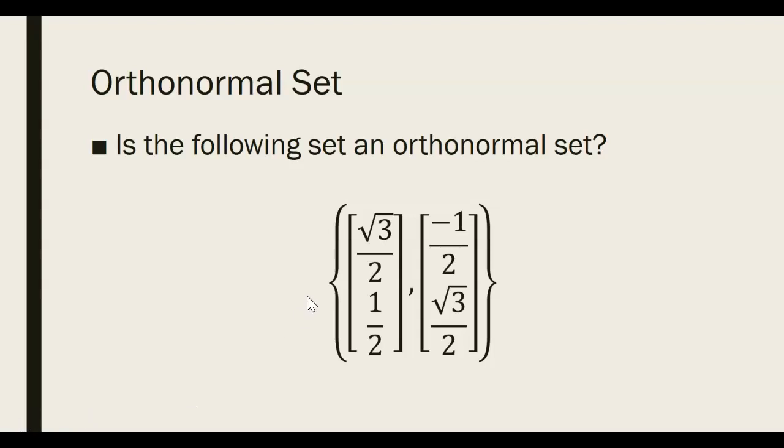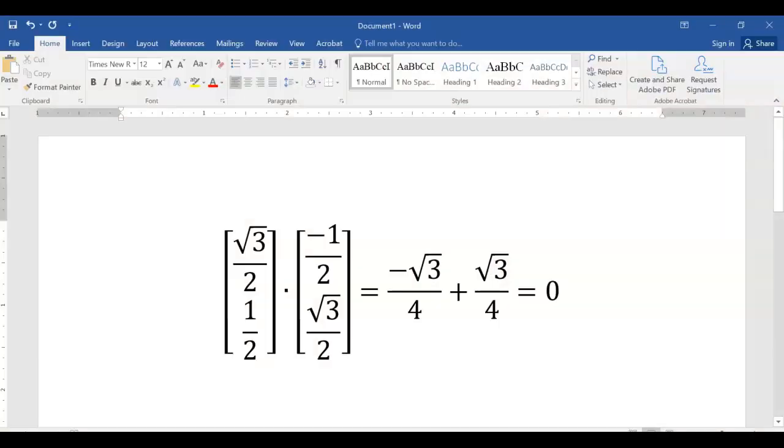All right, so we're looking at the two properties here, orthogonal and normal, meaning each vector has length 1. So let's check those two things out. First off, let's check orthogonality. We only have two vectors in this set, so orthogonal set just means that they're orthogonal to each other.